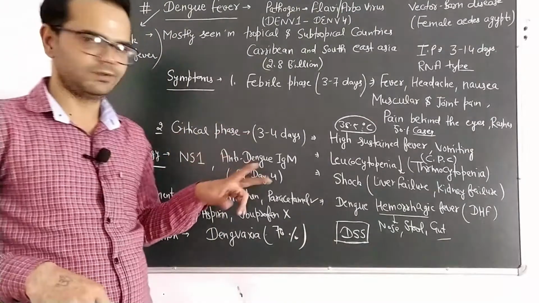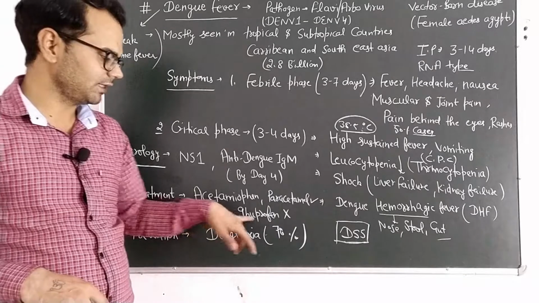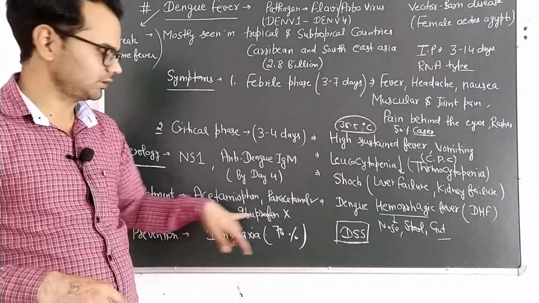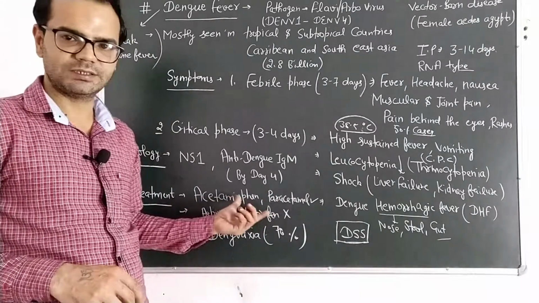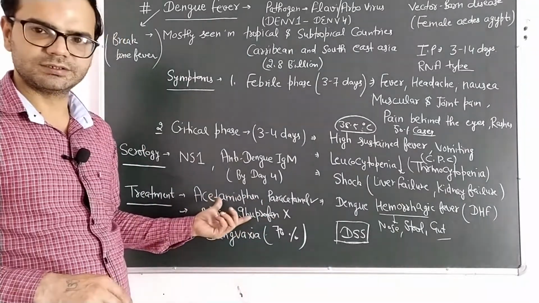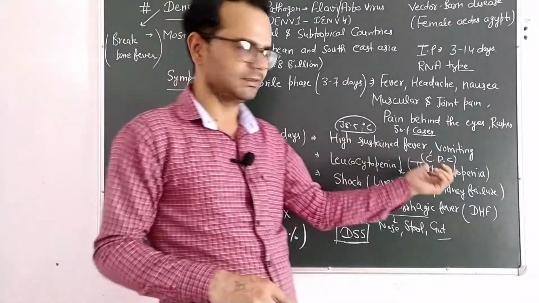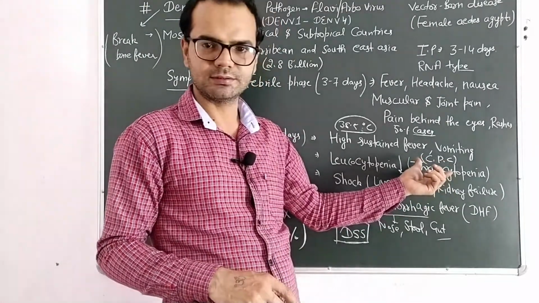One more point to be noted, patients should avoid aspirin and ibuprofen. They should avoid intake of aspirin and ibuprofen because both are anticoagulants. They both are steroids and they are anticoagulants. So coagulation of blood will not take place, as there is already a decrease in platelets, and we know platelets cause blood clotting.